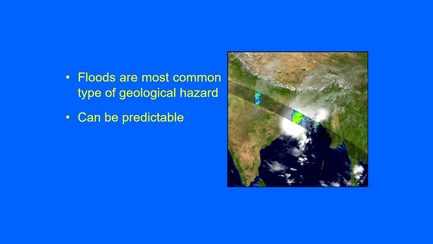Now, this is one of the most common hazards, it can be predictable, and it is seasonal. As I told, every monsoon we face the problem. Can it be predicted?